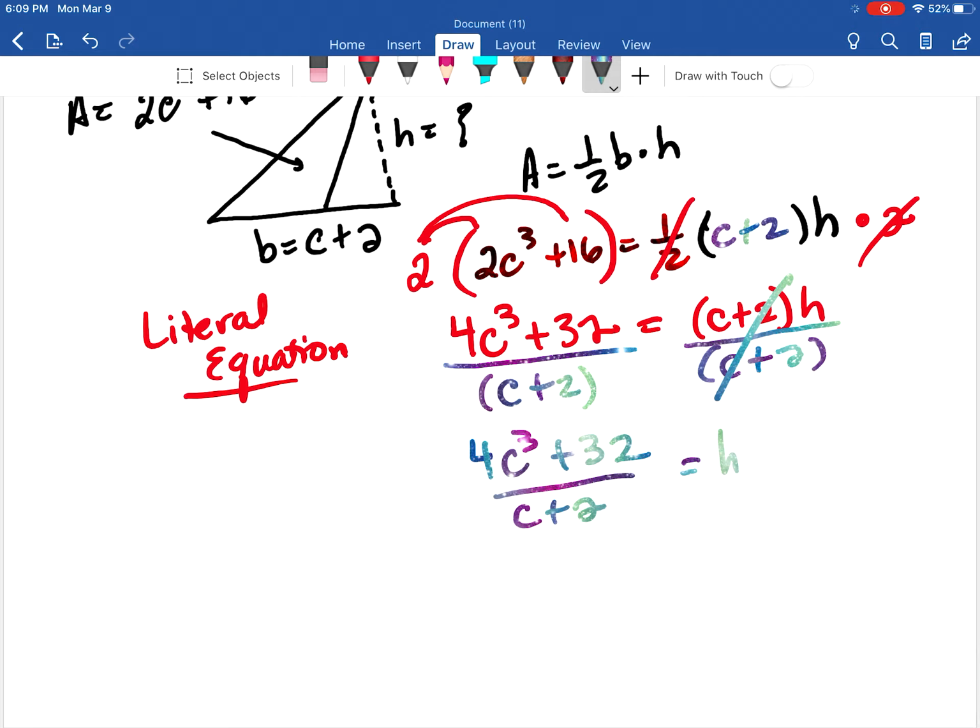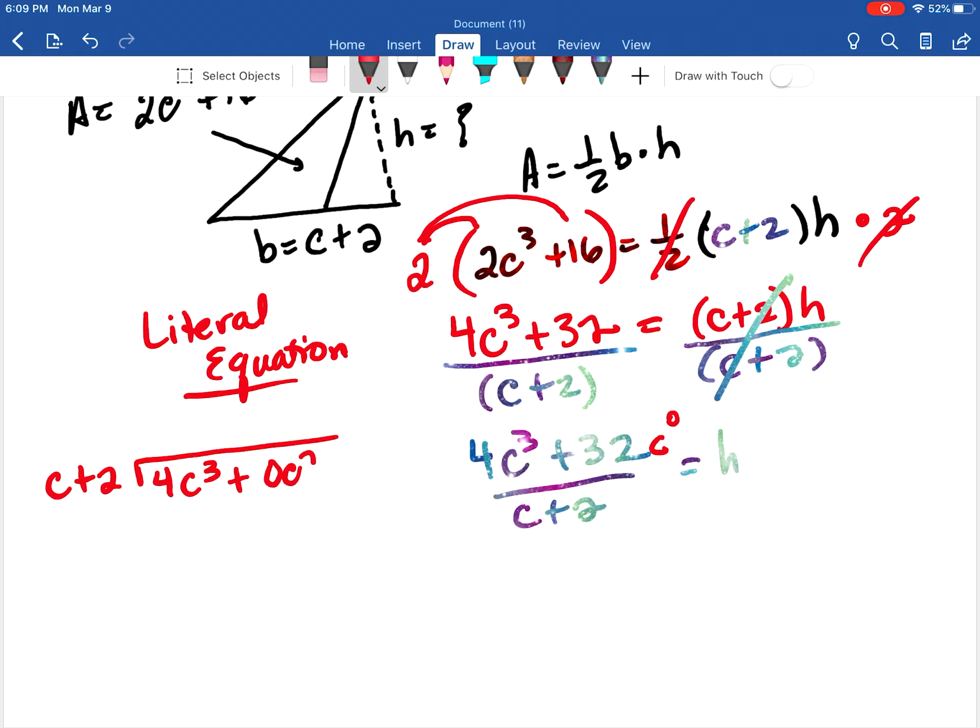Now, in the past, you would go ahead and stop at this point because you don't know how to figure this out. But now, you know what you're supposed to do here. Now, I need to take c plus 2 and put that into 4c cubed. Now, note, this is c to the 3rd power, then in a sense there's a c to the 0 power there next to the 32.